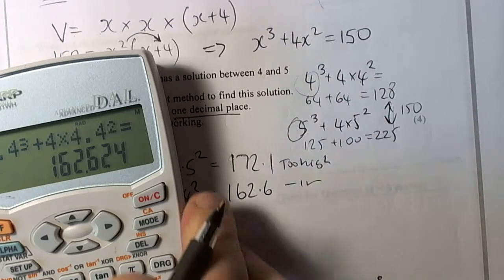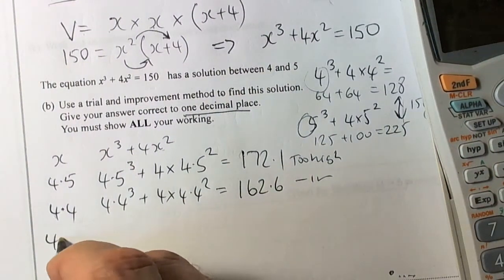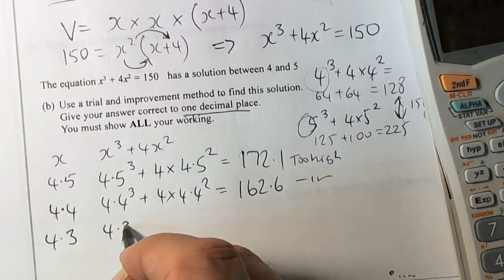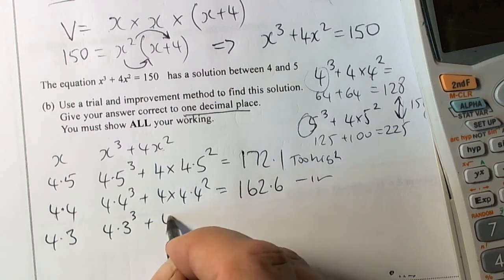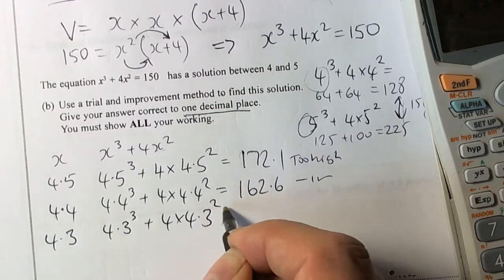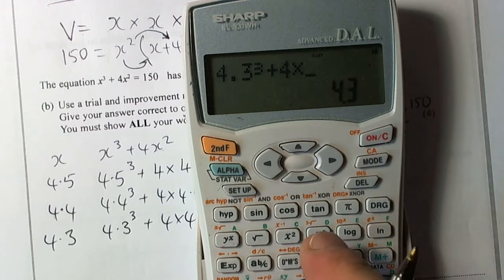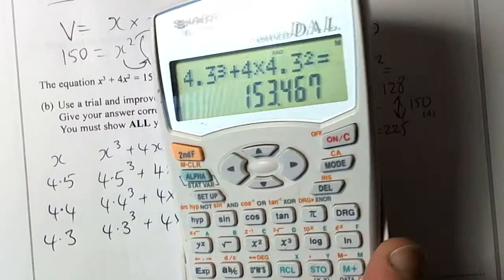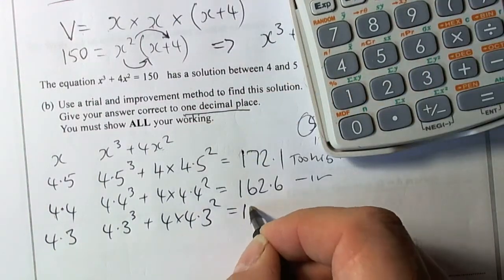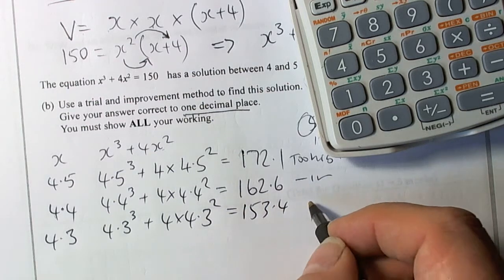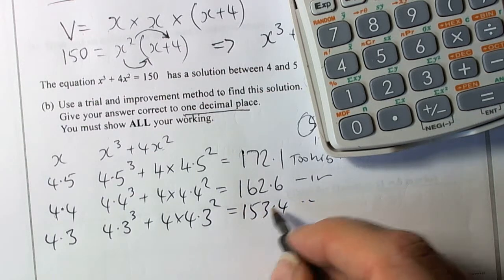Still too high. So I'm going to try 4.3. So 4.3 cubed plus 4 times 4.3 squared equals 153.4. Still too high, but getting really close now.